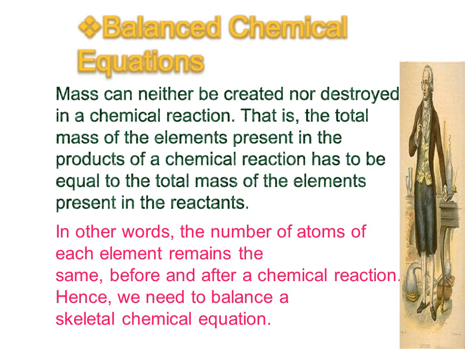That is, the total mass of elements present in the products of a chemical reaction has to be equal to the total mass of the elements present in the reactants. In other words, if we simply say, the number of atoms on the left hand side should be equal to the number of atoms on the right hand side. Hence, we need to balance the skeletal chemical equation.